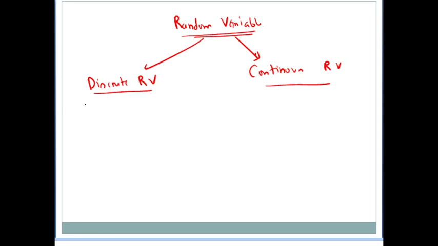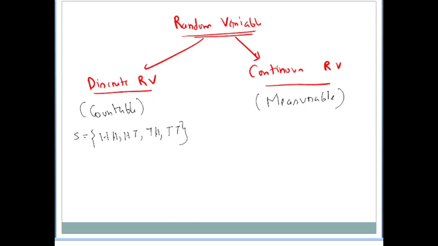What are discrete random variables? These are countable and these are measurable. For example, we have a sample space for tossing two coins: head head, head tail, tail head, tail tail, etc. Here all the conditions are countable.